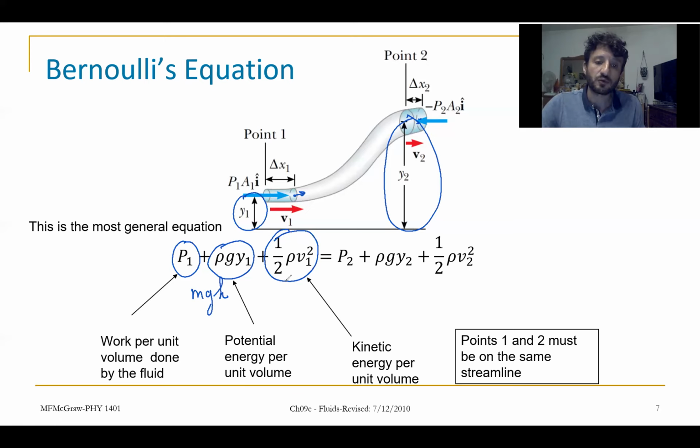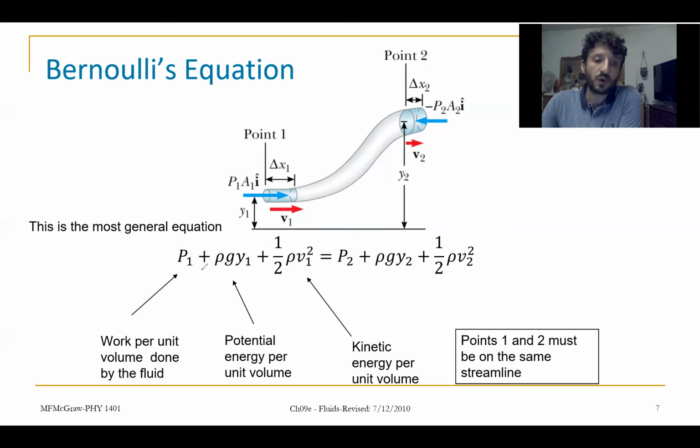And also a similarity between half rho V1 squared and half m v squared. Okay, so P1 plus rho g H1 plus half rho V1 squared at position 1 is equal to P2 plus rho g H2 plus half rho V2 squared.